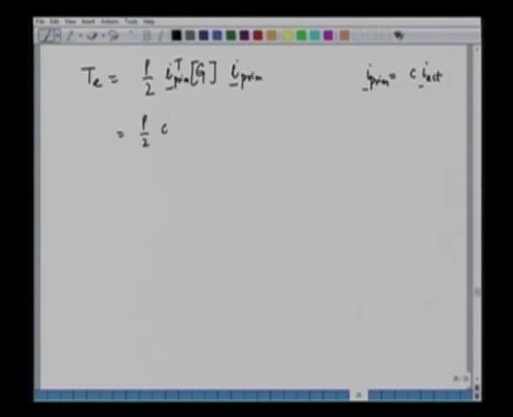So, that will be C transpose I actual G C, this is I actual C transpose G C I actual, all right, and I actual is IT, this is C transpose G C I T, and I can write down what is this G matrix.